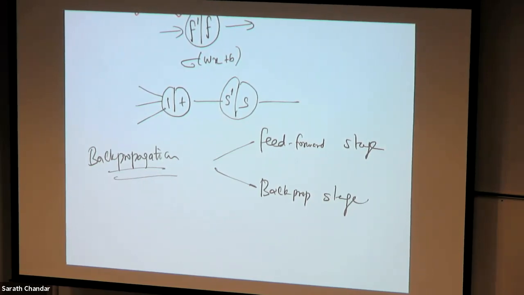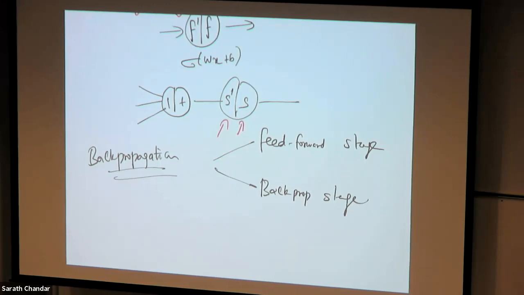In the feed forward stage, every unit will take its input, compute the function of the unit, and compute the differentiation of the unit. So every unit computes both the function and its differentiation. It stores them and passes the function to the next unit. Is that clear?